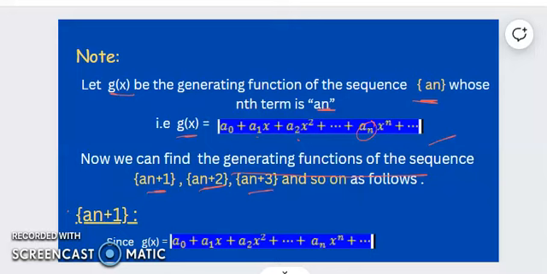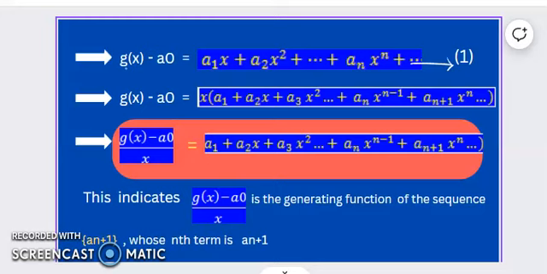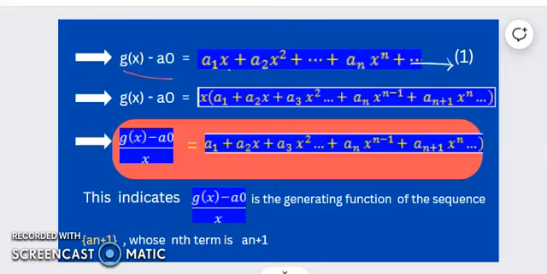Now we are going to find the generating function for the sequence a(n+1), whose nth term is a(n+1). Here g of x is equal to a0 plus a1x plus a2x square plus and so on plus a_n x power n plus and so on. Take the a0 value, the first term, to the left hand side. Then g of x minus a0 equals the remaining terms on the right hand side: a1x plus a2x square plus and so on plus a_n x power n plus and so on.